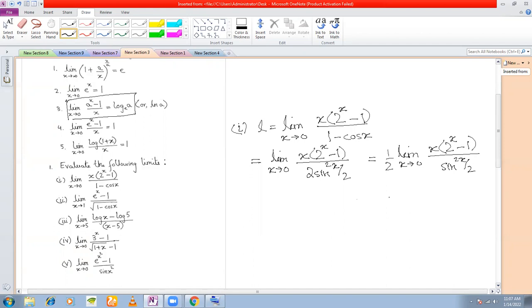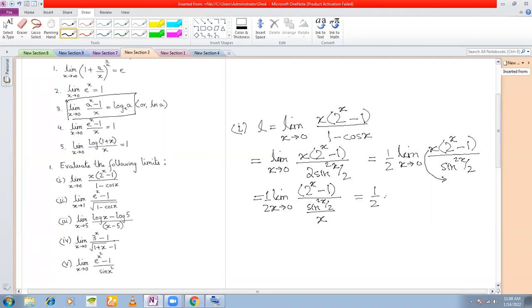Now what you can do is this x you can take in this denominator. In fact, half is there. You have 2 to the power of x minus 1 by sine square x by 2 divided by x.